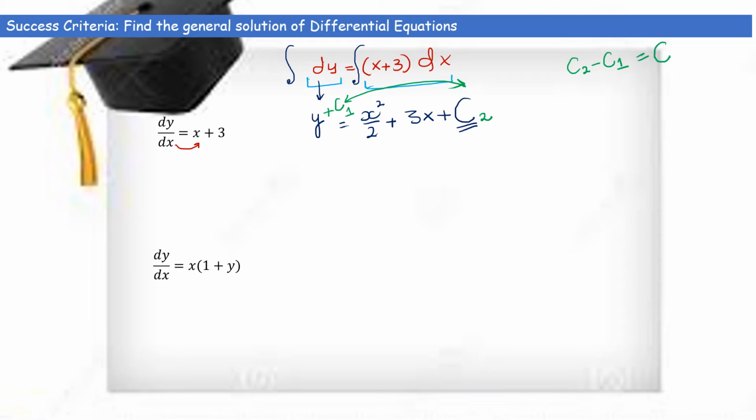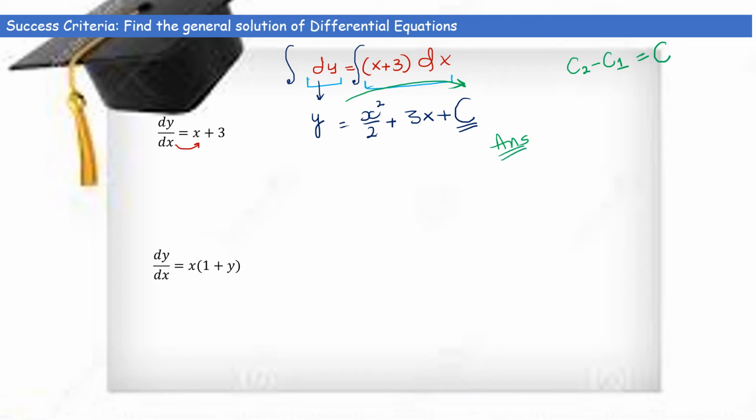So rather than writing many c's and extending our question, just write one c near the x. After that, solve for y. You can see that it is already solved for y. That is all. That is your complete answer.